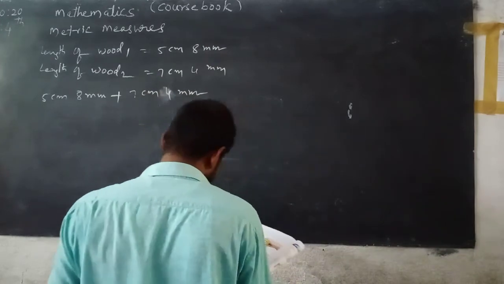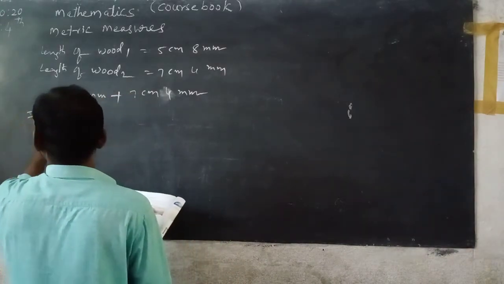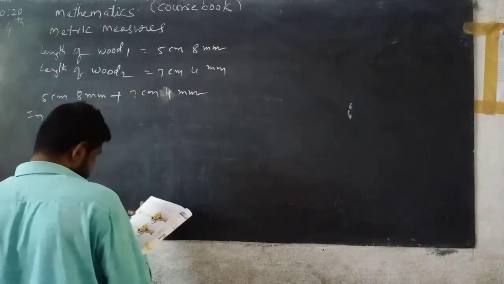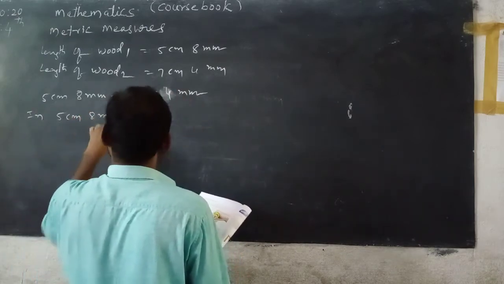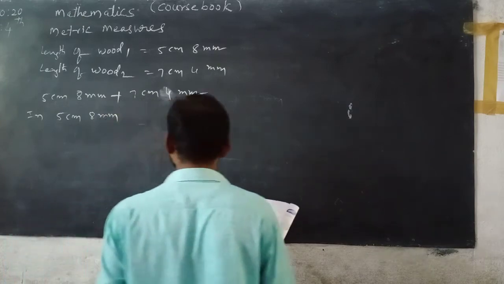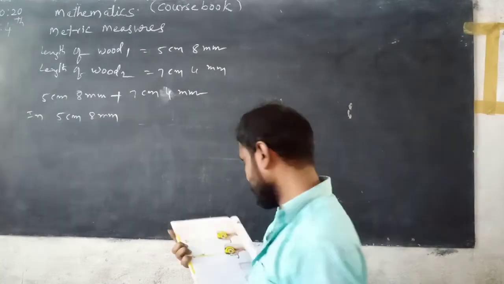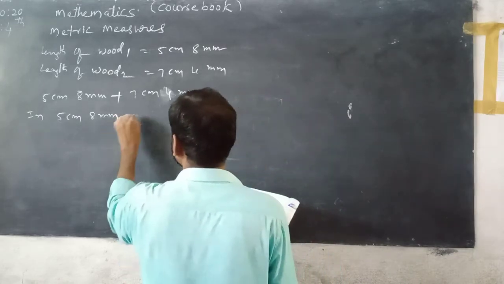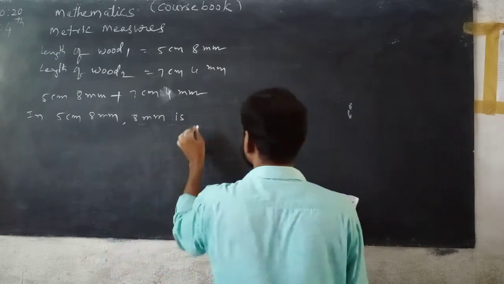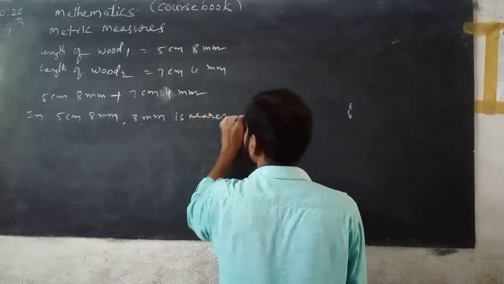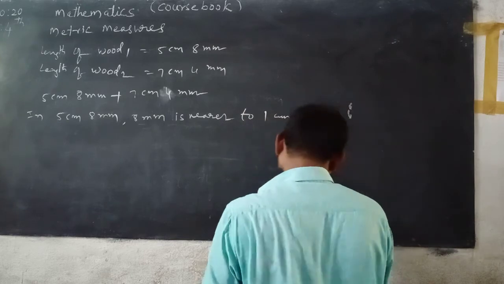See, in 5 centimeter 8 millimeter, 8 millimeter is nearer to 1 centimeter, because 10 millimeter is equal to 1 centimeter.